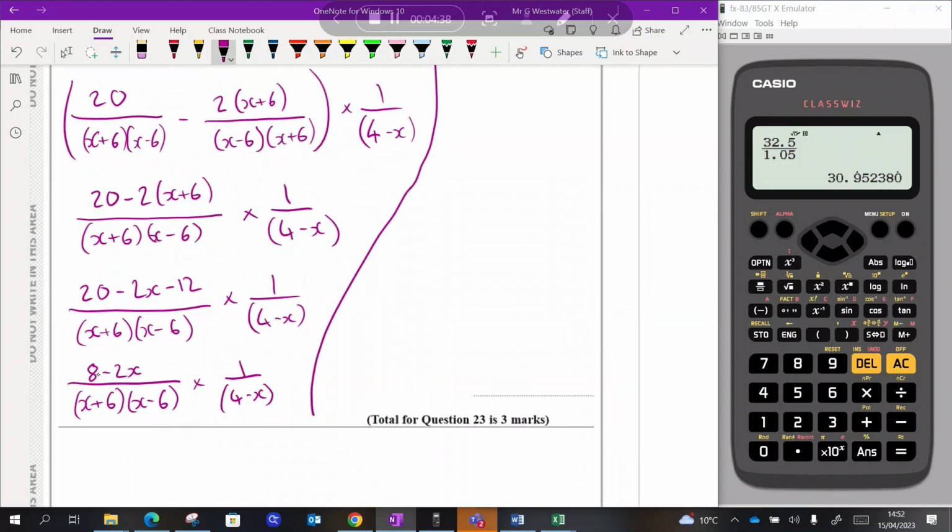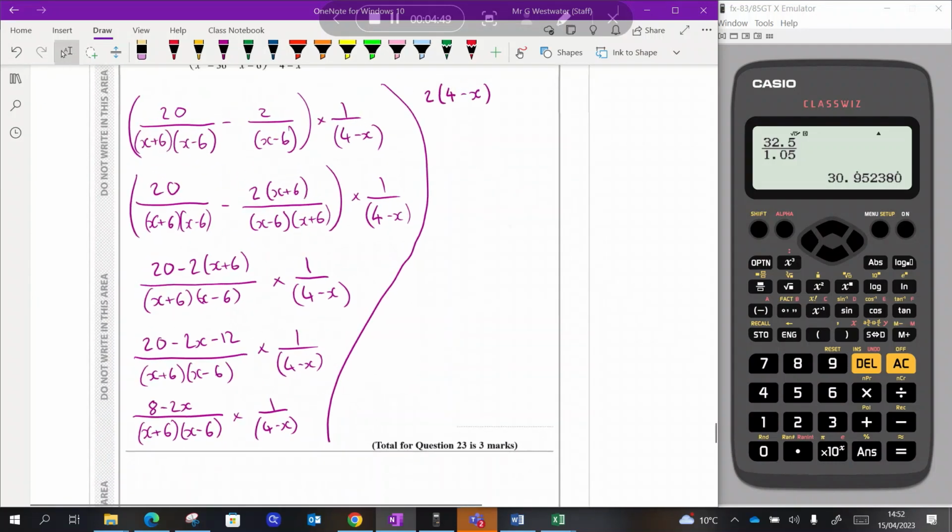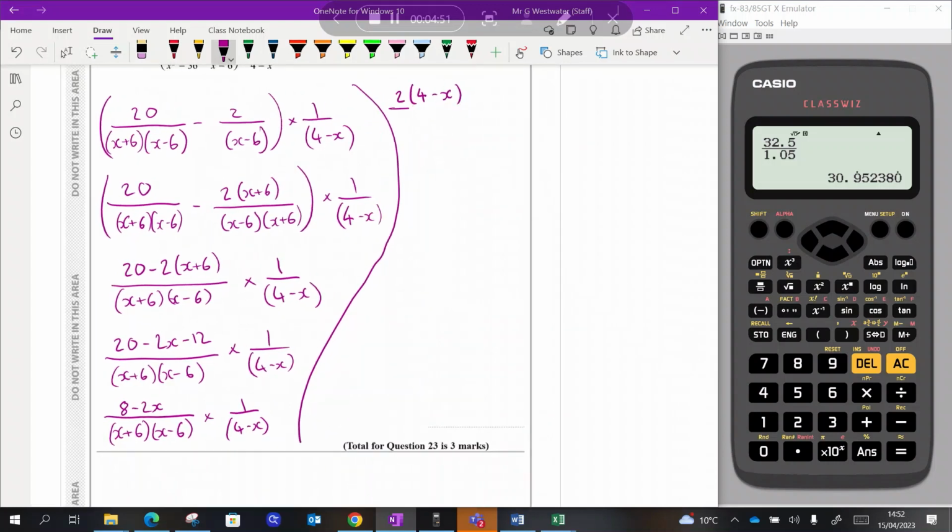Now, 2 is a common factor of 8 and minus 2x, so let's take it out. 2 into 4 minus x up here over x plus 6, x minus 6 times 1 over 4 minus x, and we can now see that these will cancel, leaving us with 2 times 1 on the top, so just 2 over x plus 6, x minus 6. Okay, so this will be my answer.